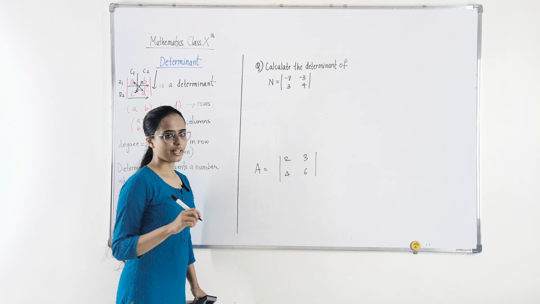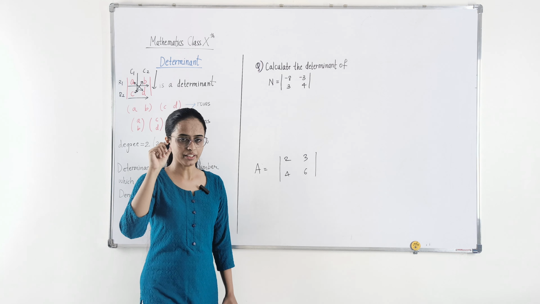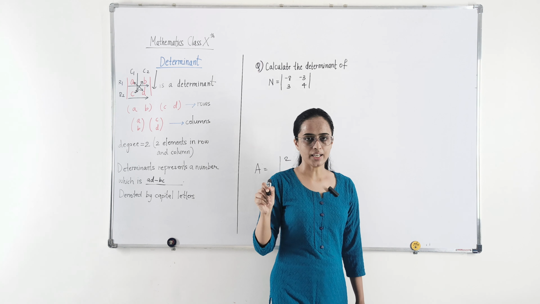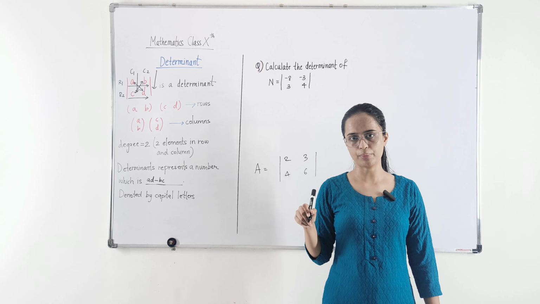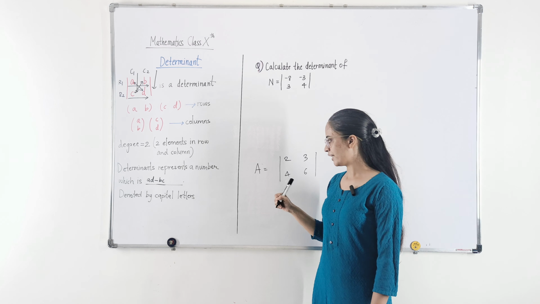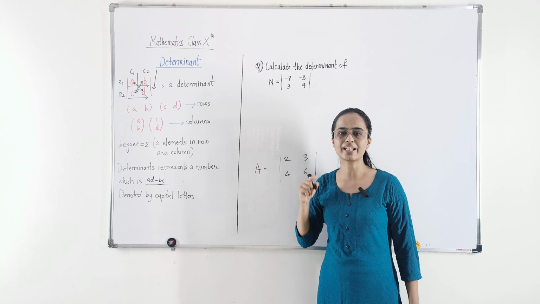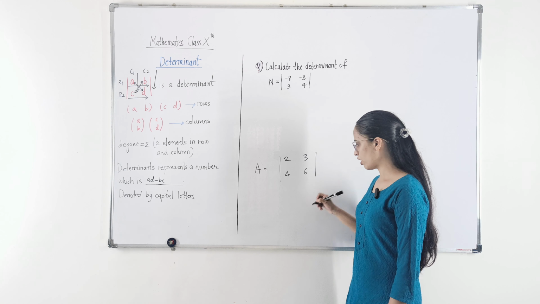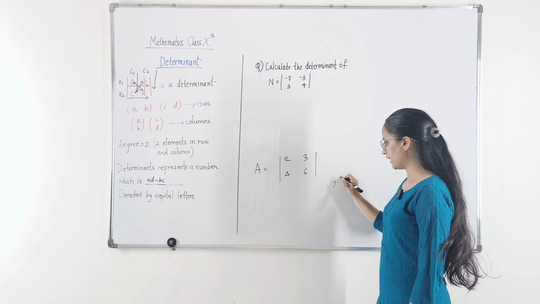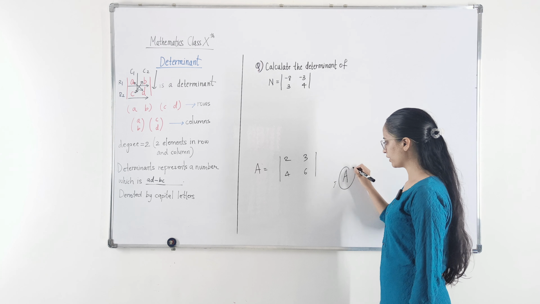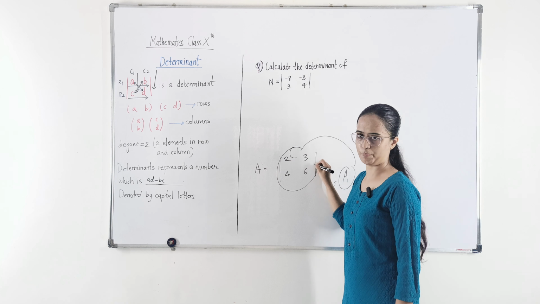So let's say I would name this determinant as capital letter A. You can take any of the 26 alphabets that are available to us, but you should denote it with the help of a capital letter. So let's say if in the exam the question says that there is a determinant A, then you must remember the arrangement of this form, right?